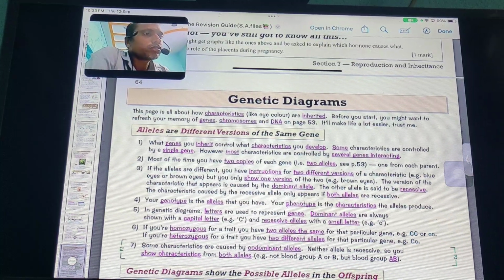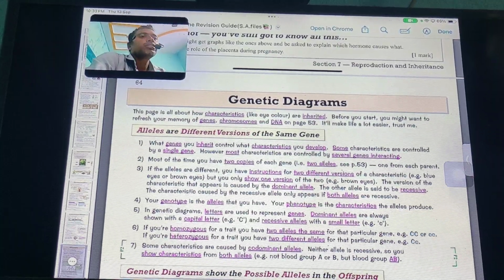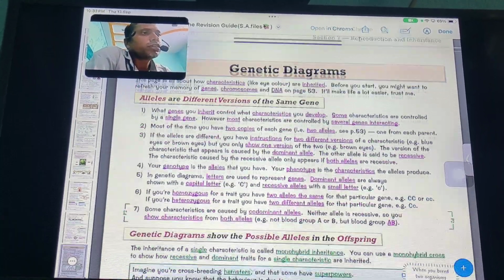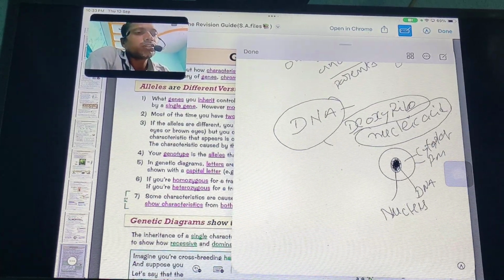Before you start, you might want to reference gene, chromosome, and DNA. We already know a gene is the smallest unit of inheritance.